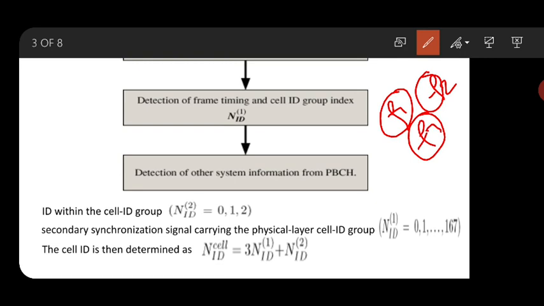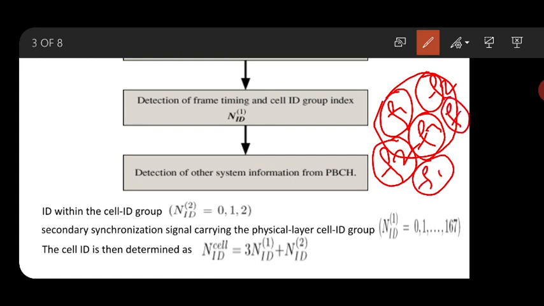This will keep increasing, and we call this one cluster. If I take one more cell, the same frequencies will be repeated, F1, F2, F3. What frequency do I have to use here? F2. What frequency here? F1. And here? F3.